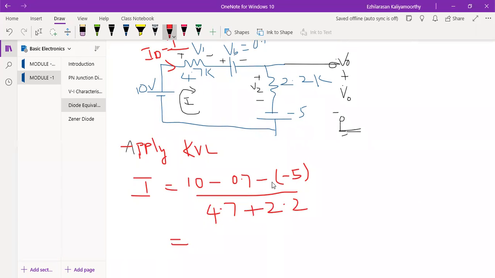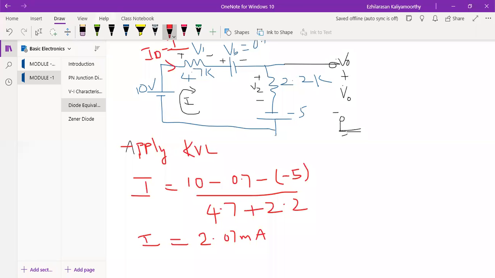So minus of minus will become plus here. You just simplify this, and you may get the value as 2.07 milliampere. This is nothing but I. Just check. I hope you understood how we got the value of I.